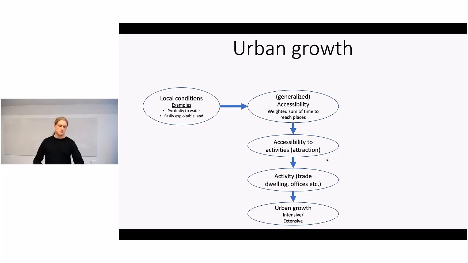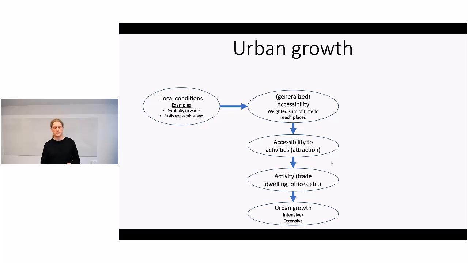And as I said, those are not really sufficient. So we're looking at the accessibility of the places, and that's a weighted sum of time to reach other places. And then we look at the accessibility to activities, to, as I said, workplaces, shopping malls, other people.